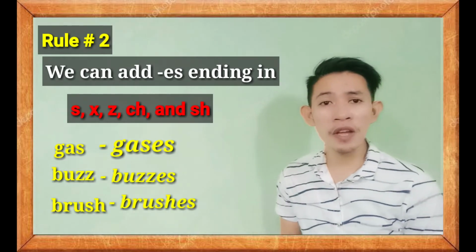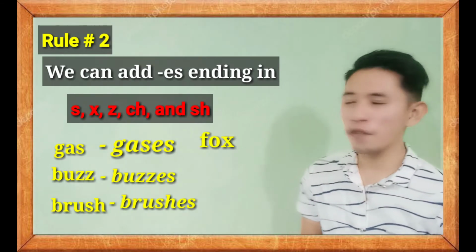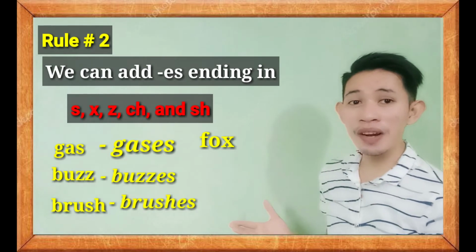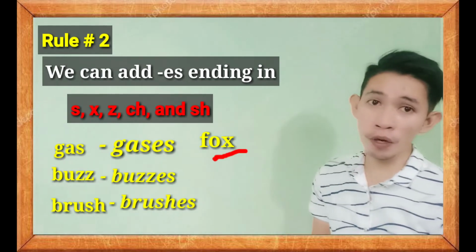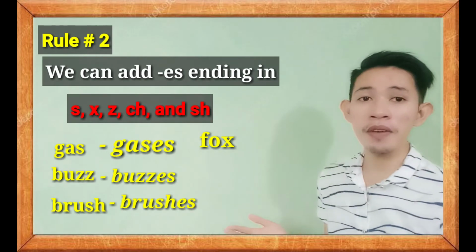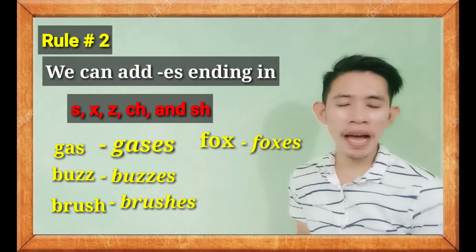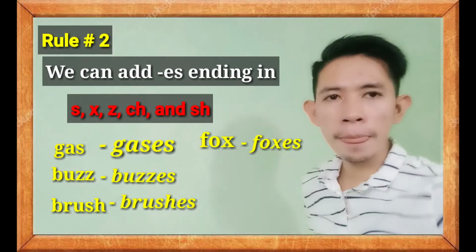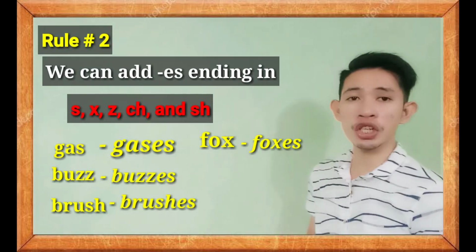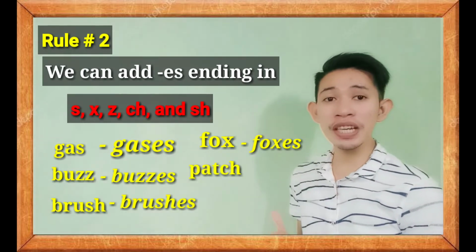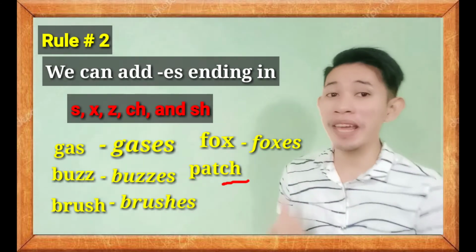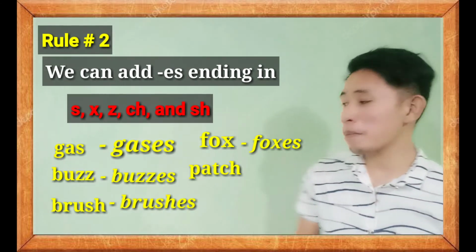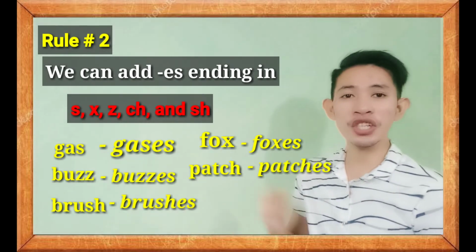How about fox? Fox ends with letter X. So we're going to add ES to make it plural. So from fox, it became foxes. How about patch? Patch ends with CH, so we are going to add ES to make it plural. So from patch, it became patches.